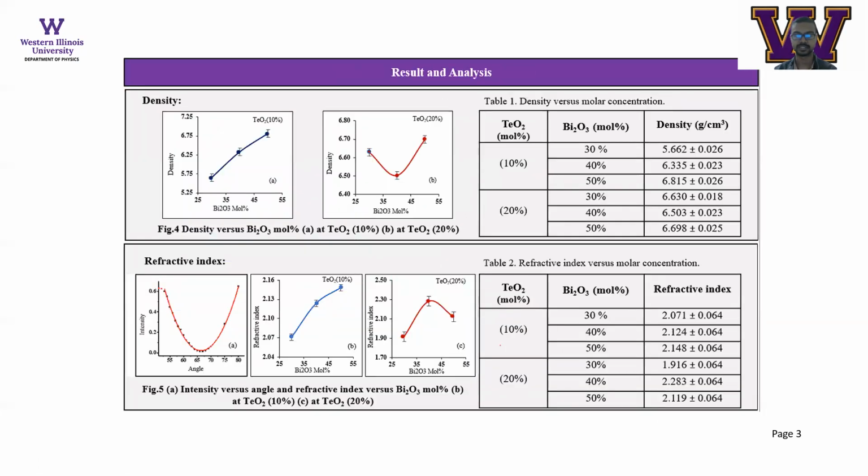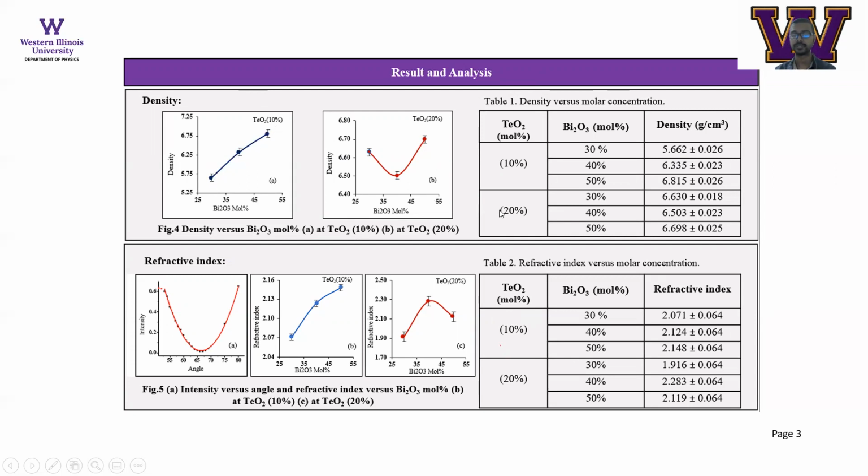After doing this analysis, now we got our desired value, the density. In Table 1, we can see that there are two parts. One is for 10% tellurium oxide and another is 20% tellurium oxide. In 10% tellurium oxide, we varied our bismuth oxide content from 30 to 50%, and the density is increasing. If we plot the values graphically, in the left blue graph, you can see that the density is increasing with respect to mole content.